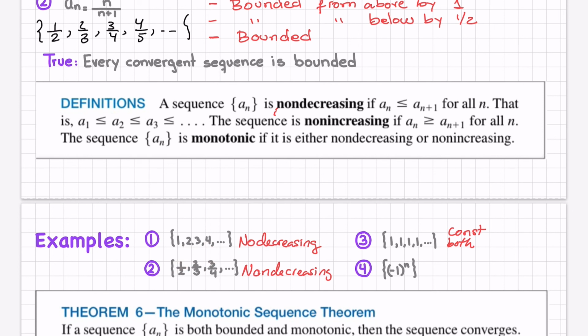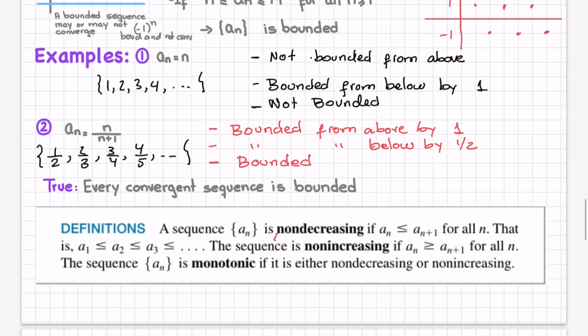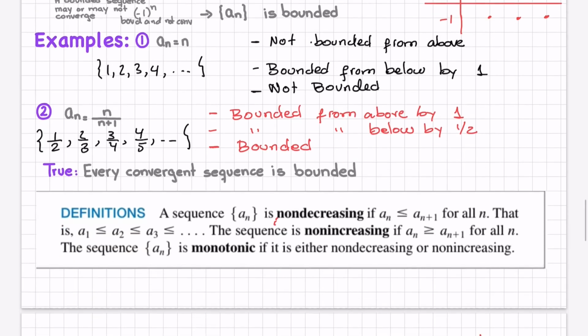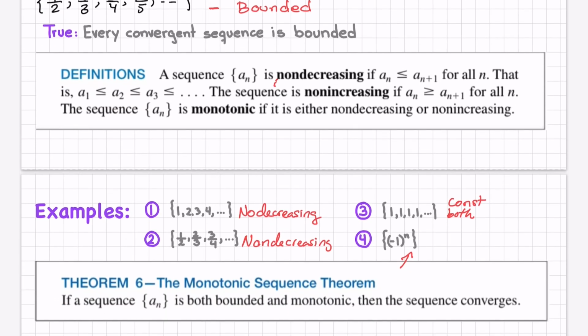And this example goes 1, -1, 1, -1. This is larger than that, and then this is smaller than that, and it's jumping up and down. So that is just not monotonic. Okay, it's neither increasing nor decreasing. It's going up and down. Okay.